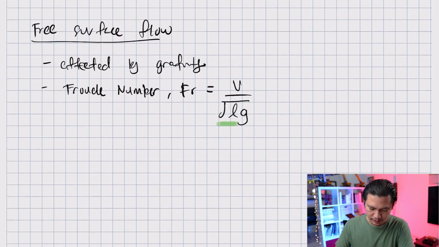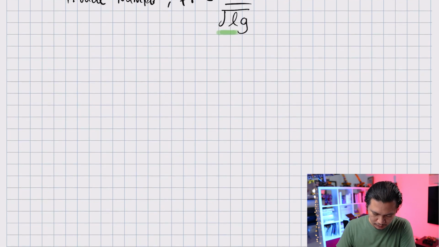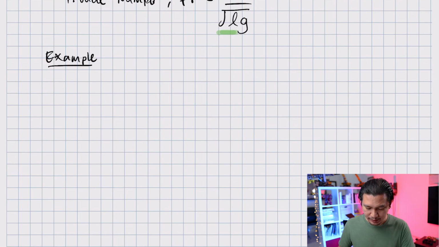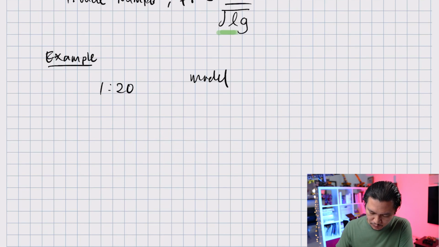Okay, for this, let me write this for you. Example. In this example, you are building a scale model with a ratio of 1/20. You are to measure the drag of this scale model and then predict the actual drag for the prototype. Let me create a table here: this is model, this is prototype.